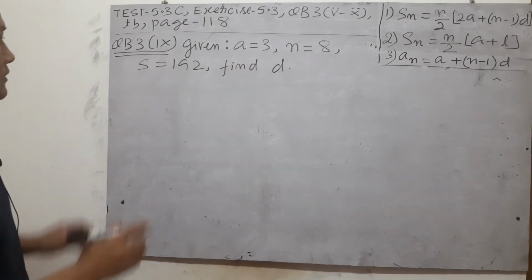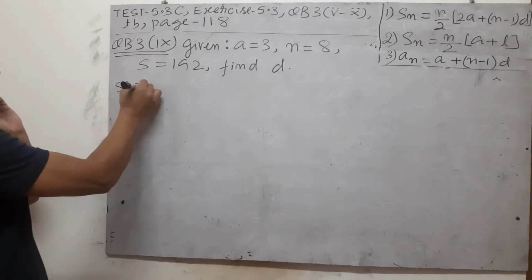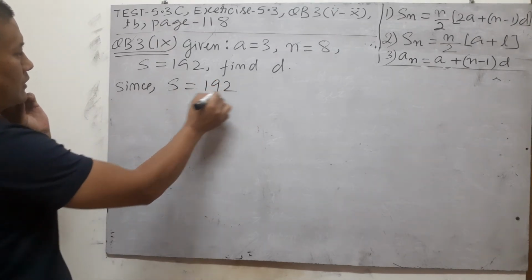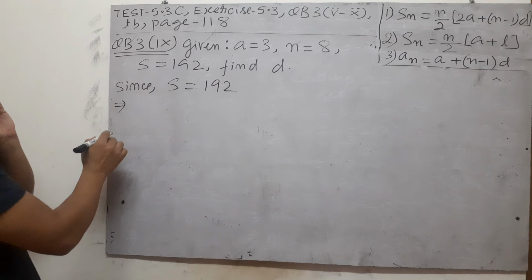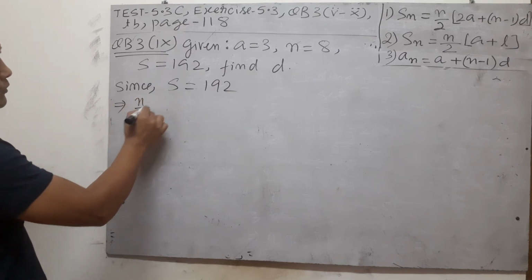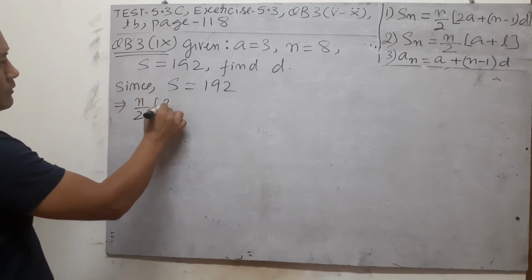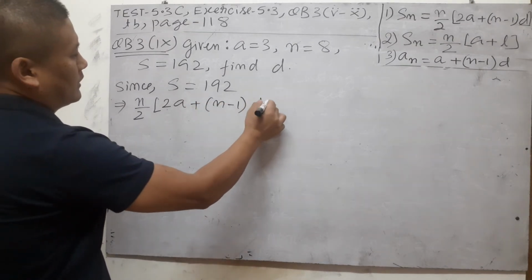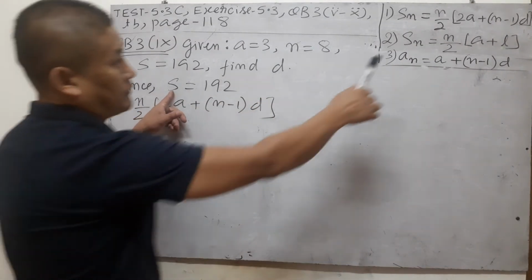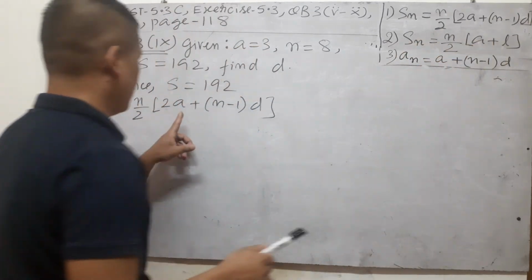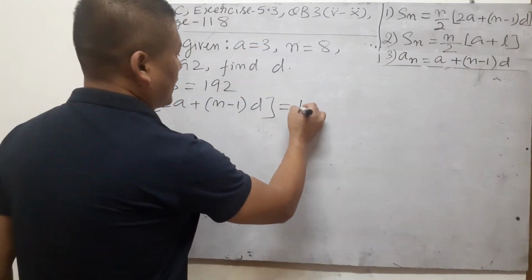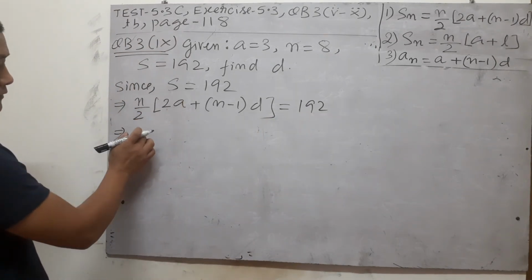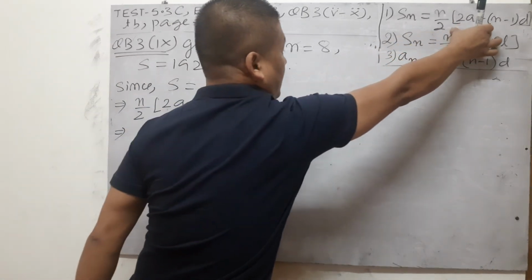Since it's given the sum of the terms is equal to 192, let us use the first formula. S is n by 2 into 2a plus n minus 1 into d, which equals 192.